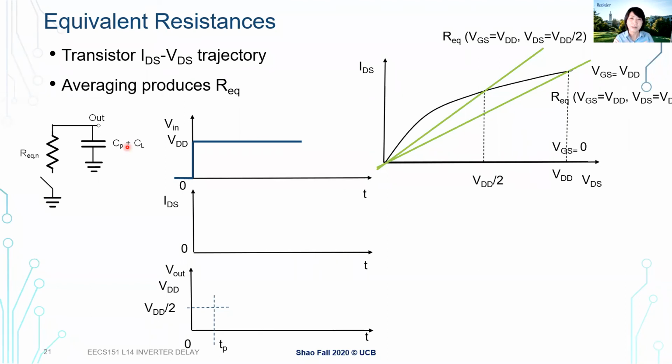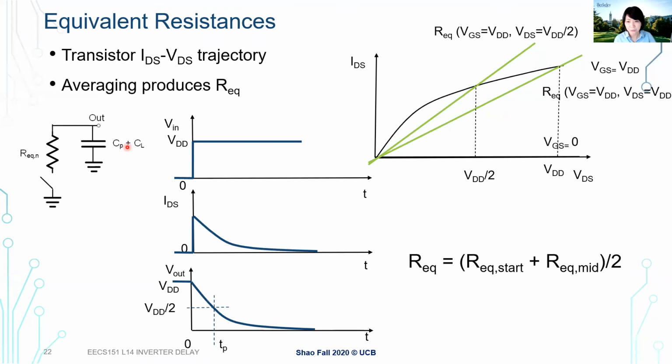So instead of modeling our NMOS as a variable resistance, we could just use a single value to represent the resistance of our NMOS. You may always see this equivalent resistance.